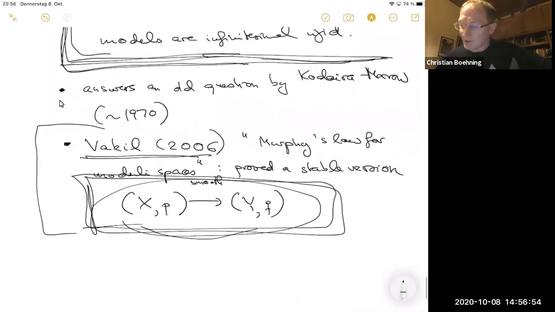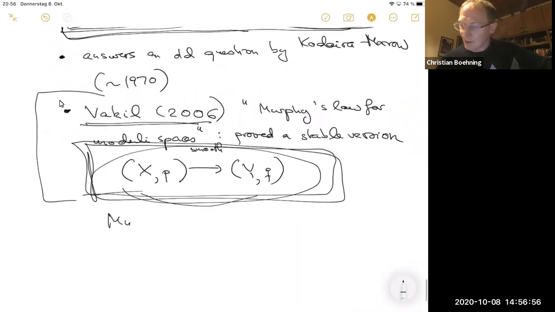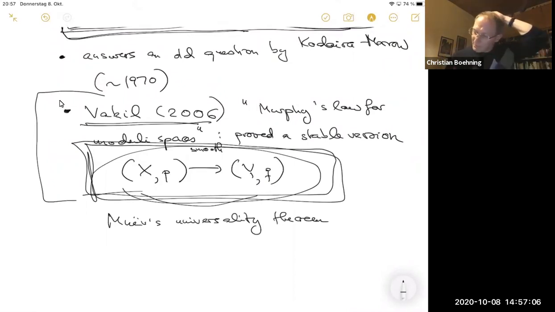Actually, what he bases his approach on is Mnëv's universality theorem, which says somehow every singularity type realized by some scheme of finite type over Spec Z can be found on some incidence scheme.